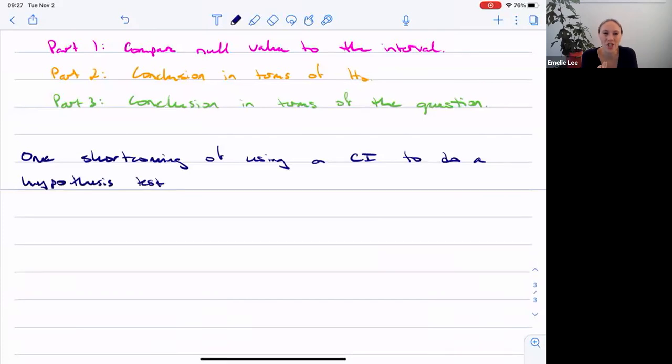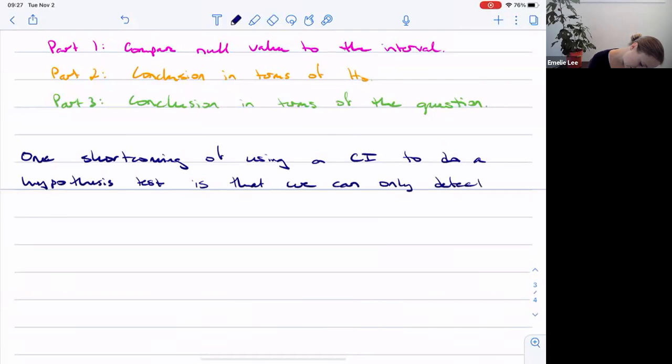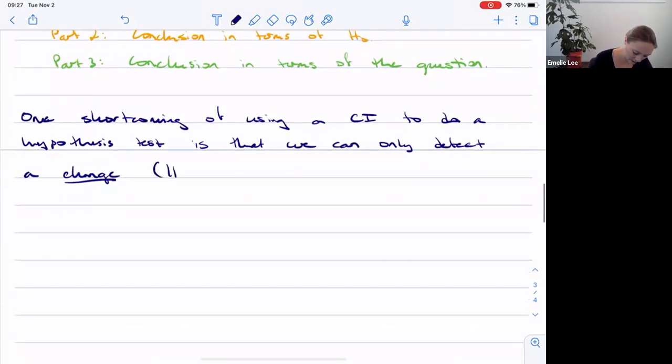We can only detect a change, which is basically something that says the alternative hypothesis.